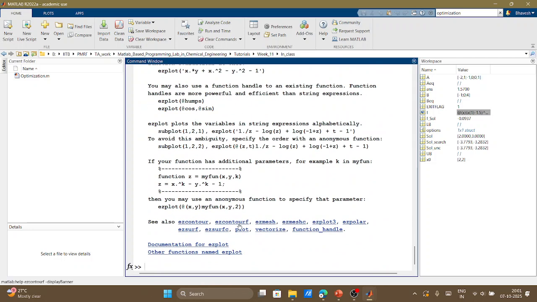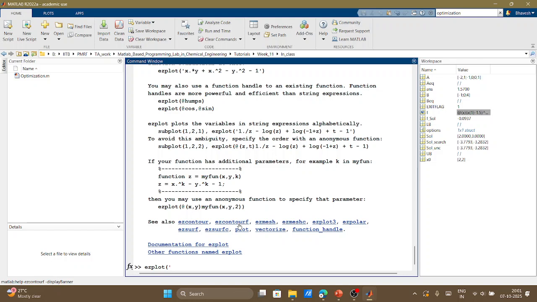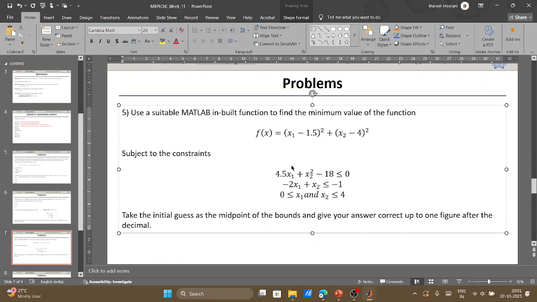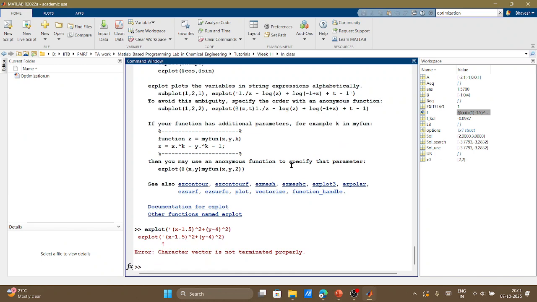So let's say if I try to visualize this with the EZ plot, I have x minus 1.5 square plus, let me call it, y minus 4 square.